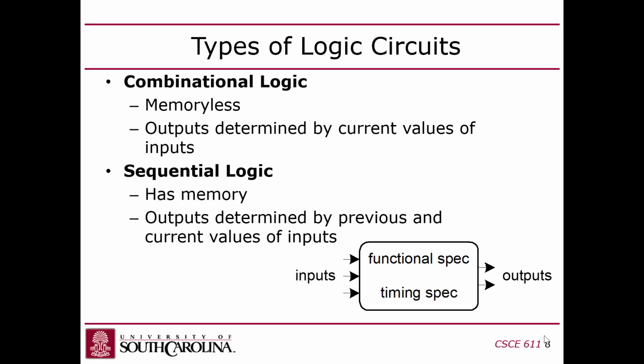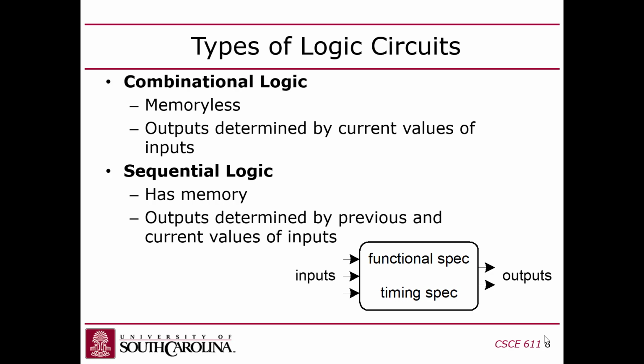There are two types of logic circuits, and I don't think our 211 course covers this very thoroughly. I think they might introduce this. There are combinational logic circuits and sequential logic circuits. The difference is combinational logic has no memory. That means the outputs of a combinational logic circuit are a function only of the inputs.